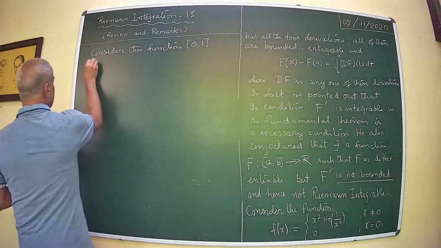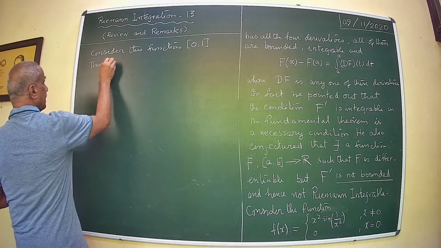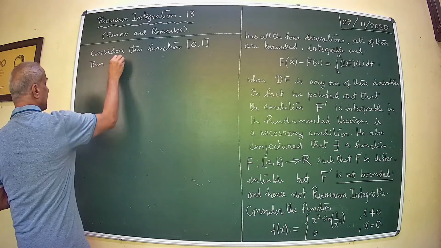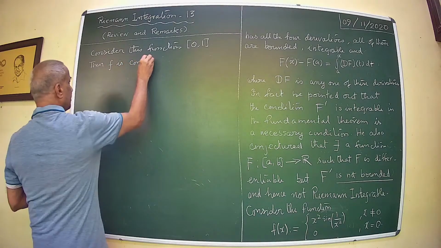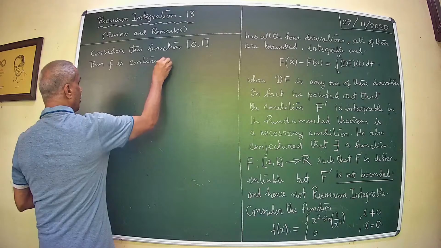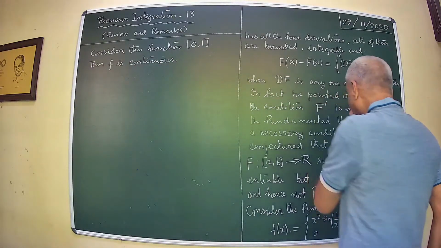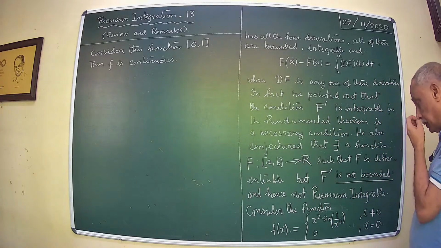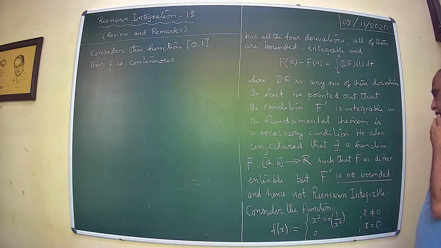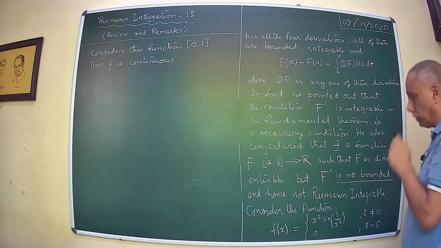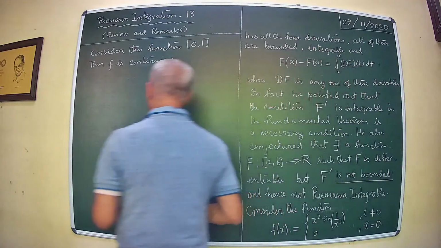Then f is continuous. We also show that the derivative exists. So when you stay away from 0, let us look at what the function is all about.